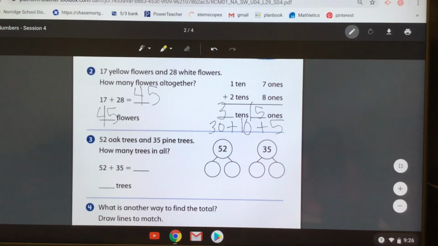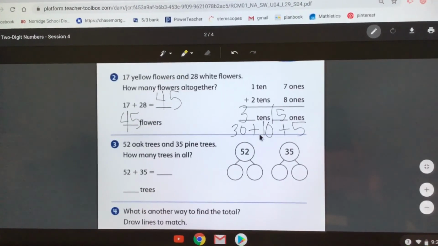Okay, number 3 is having you use the strategy of using the number bonds to help you add these two double-digit numbers. 52 oak trees and 35 pine trees. How many trees in all? So you have 52. You're going to break apart 52 in your number bond.